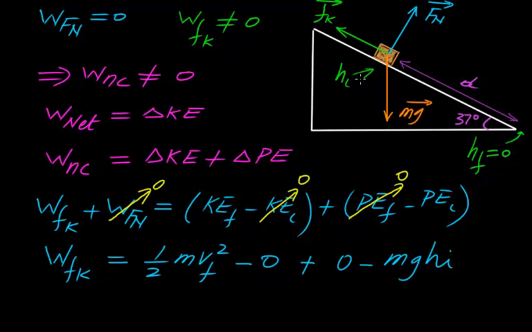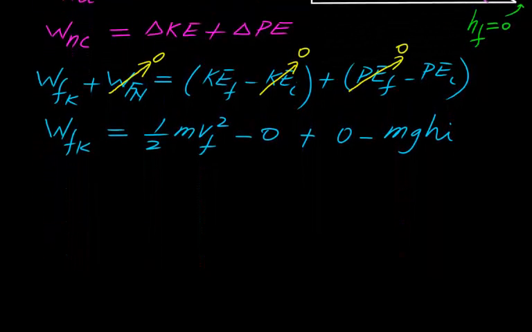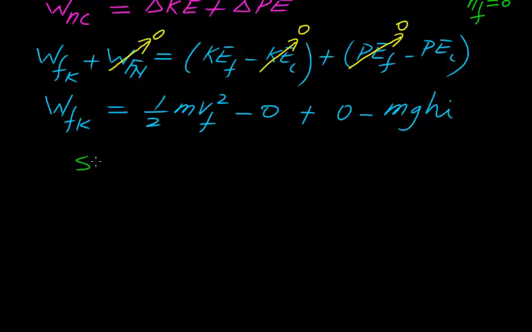In order to be able to evaluate that height, you need to use the trigonometry of this right triangle, where the sine of the angle 37 equals the opposite, which is the height initial, divided by the hypotenuse, which is the distance d. Notice that h initial can now be expressed in the following form, d sine 37.